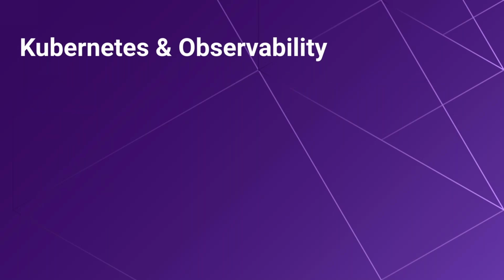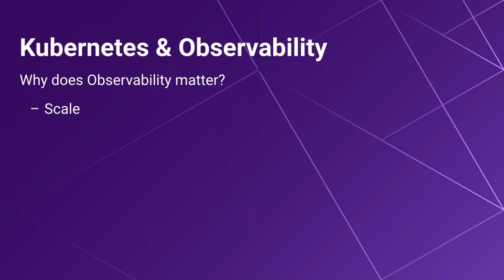All right, so why does any of this matter? Why does observability matter? Well, if you're not observing your cluster really well, you just can't scale. I mean, you can, but good luck is all I'm going to say. You won't know where your limitations are in your system, or if you're about to hit them.